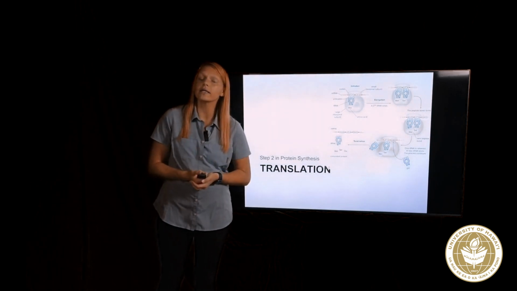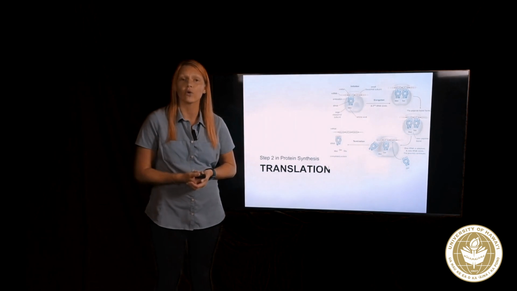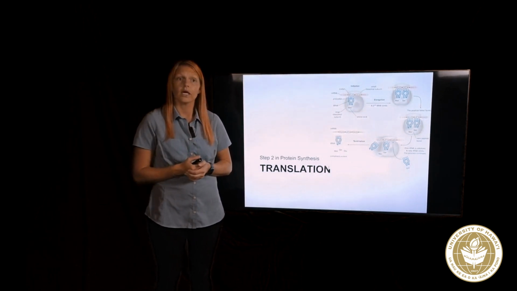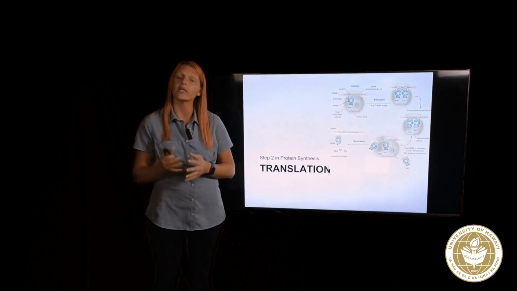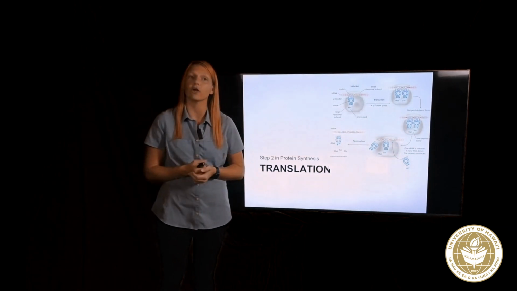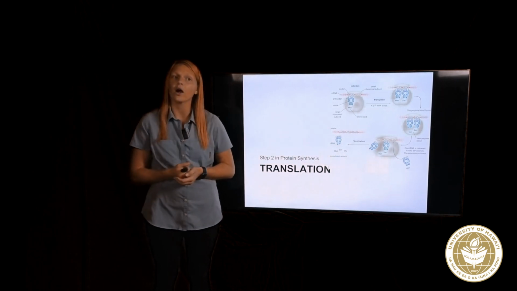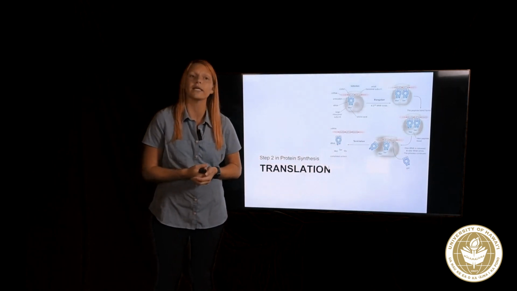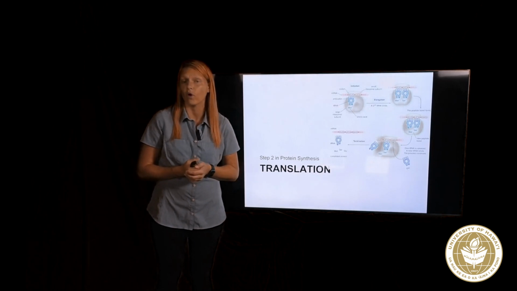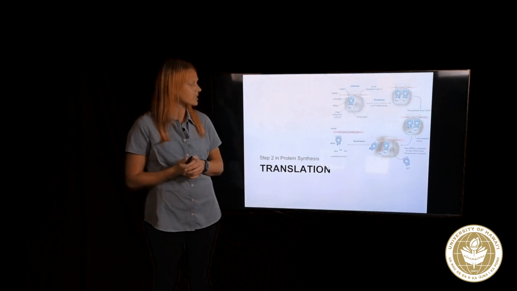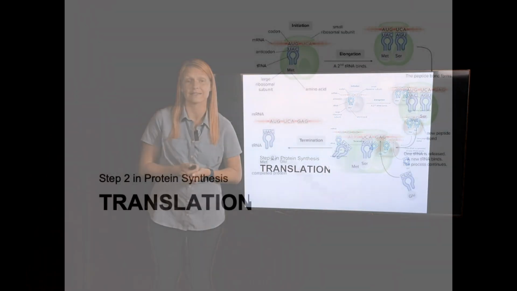The mRNA, again, contains that sequence of codons that determines the order of amino acids in the protein. Individual tRNAs are going to bring the specific amino acids to form that polypeptide chain. And then the rRNA contains binding sites that provide the platform on which protein synthesis occurs. So we're going to look at this process of translation next.